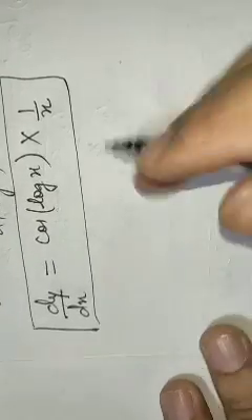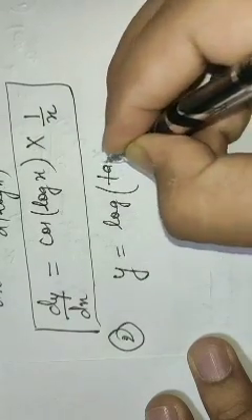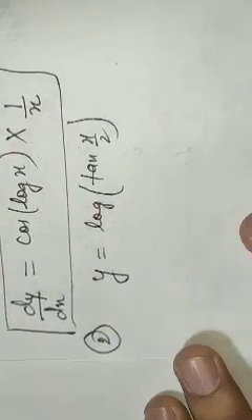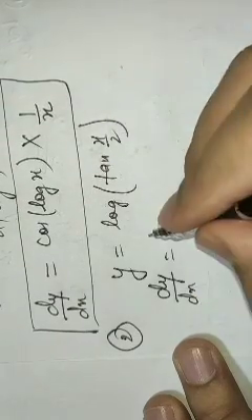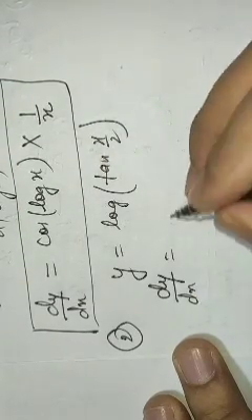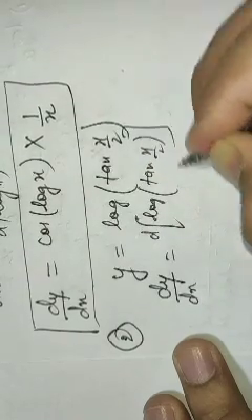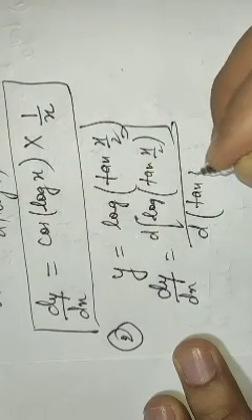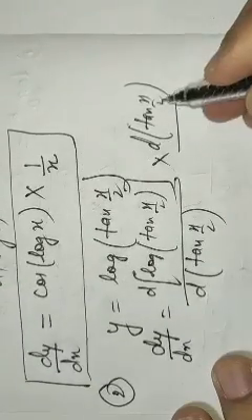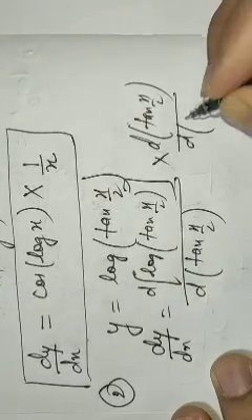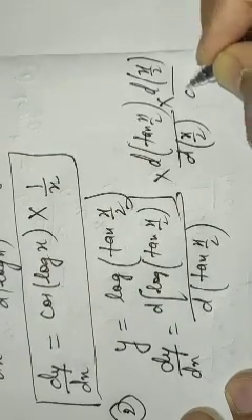Now the second question: y equals log of tan x by 2. How to differentiate this? We have to differentiate log with respect to tan x by 2, since log is a function of tan x by 2. Then we differentiate tan x by 2, since tan is a function of x by 2, with respect to x by 2, and then x by 2 with respect to x.